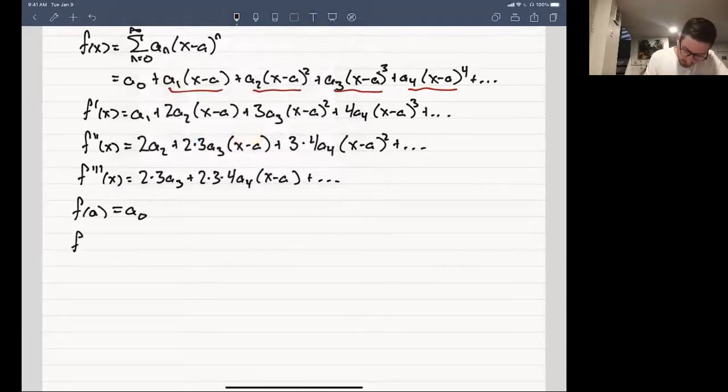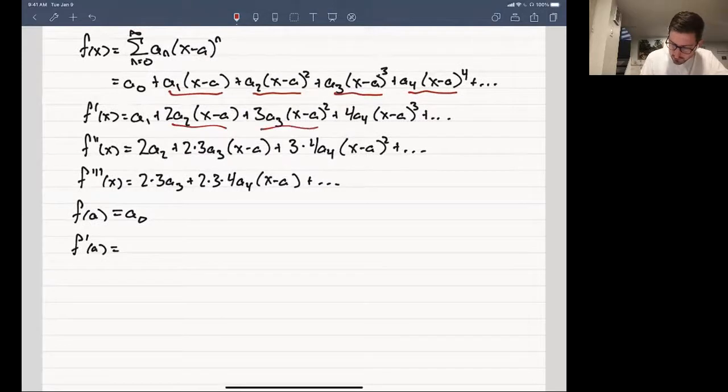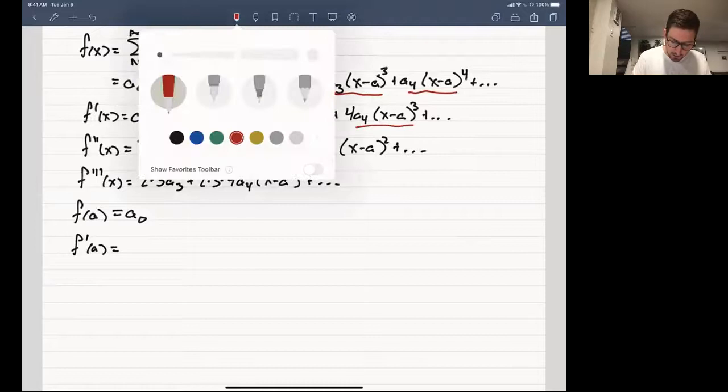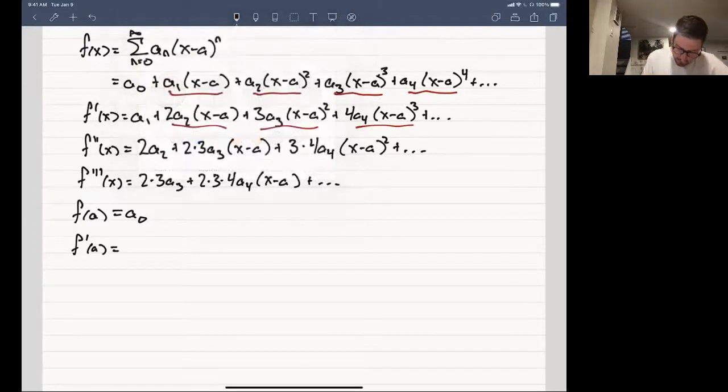But similarly, if I do f prime of a, the same principle applies here. So then this bracket disappears, this bracket disappears, this bracket disappears, and they keep disappearing all the way up. And that leaves me with a1. And then if I do f double prime of a, same idea. I get 2a2.